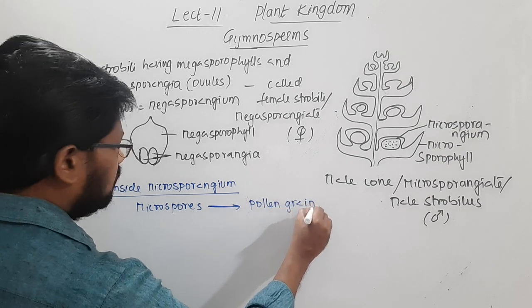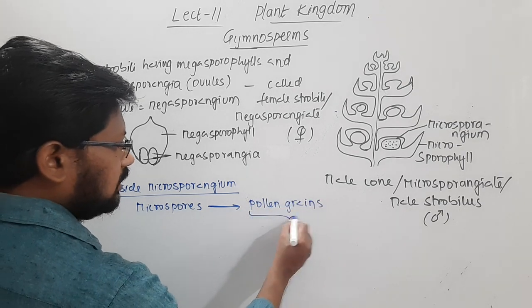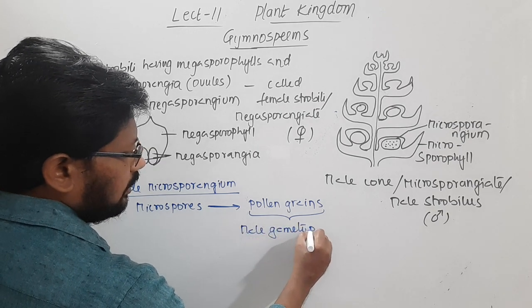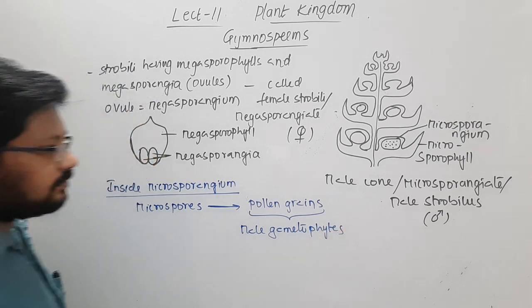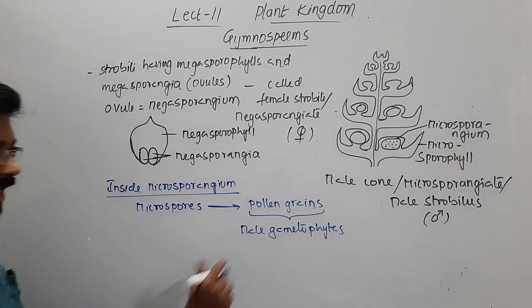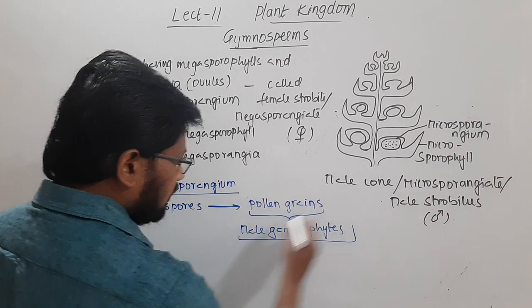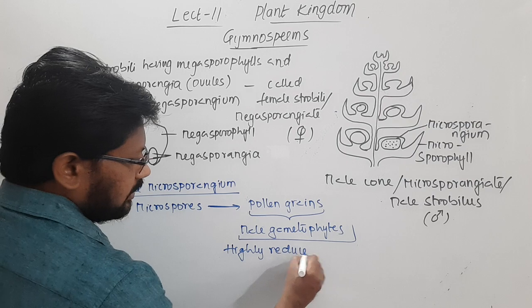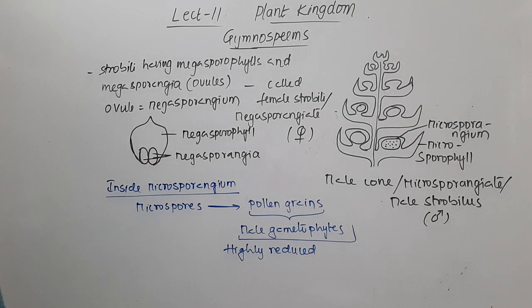They develop into pollen grains. This pollen grain development takes place inside the microsporangia, and this male gametophyte is highly reduced.